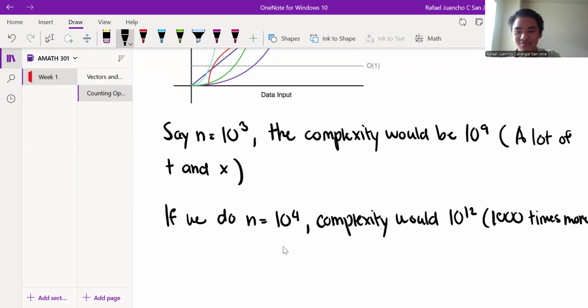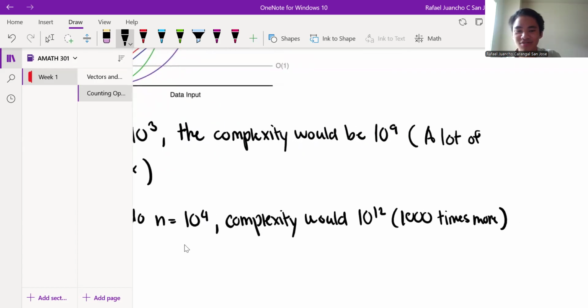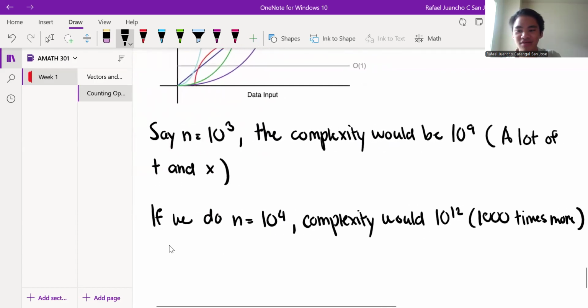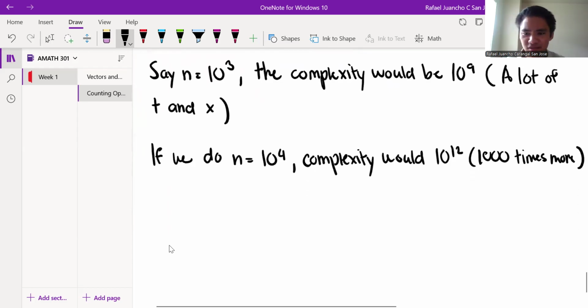So that's a lot more addition and multiplication happening when the computer is, quote unquote, thinking or processing the data. And we're gonna admit that 10 to the fourth for an n is not unrealistic since we have a lot of data coming in. That's realistic.